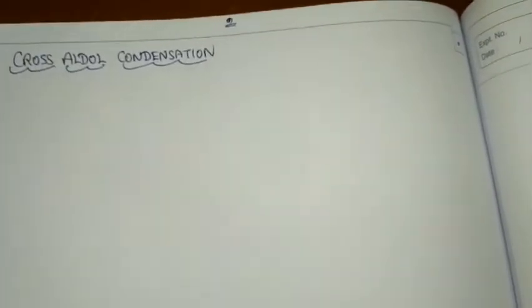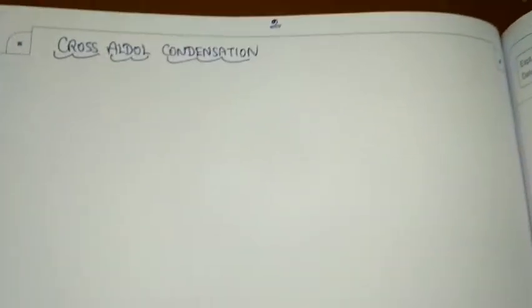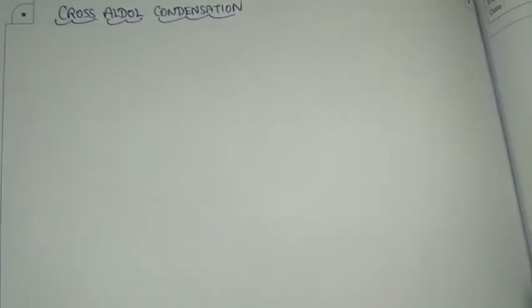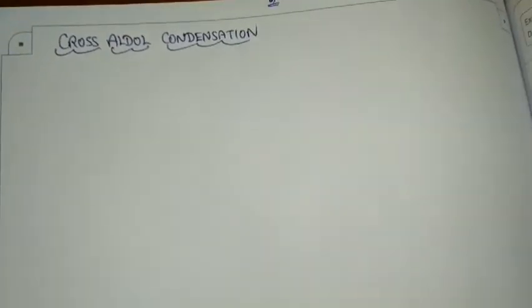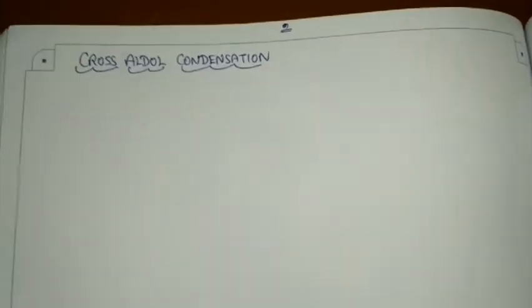In the first lecture, we basically saw what the alpha carbon in a carbonyl compound is, and we gave an introduction to keto-enol tautomerization. In the second lecture, we came to know the reactions of the alpha carbon, which include the haloform reaction and the alpha halogenation reaction.